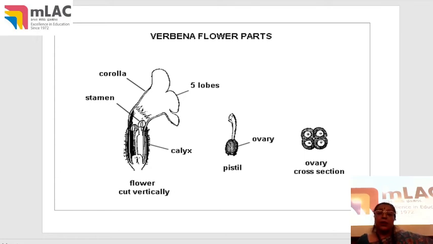Stamens are epipetalous, attached to the throat of the corolla tube, and then you find the presence of the pistil. The pistil shows a terminal style with bifid stigma. Cross section of the ovary also shows the presence of 4 locules with a single seed on axile placentation.